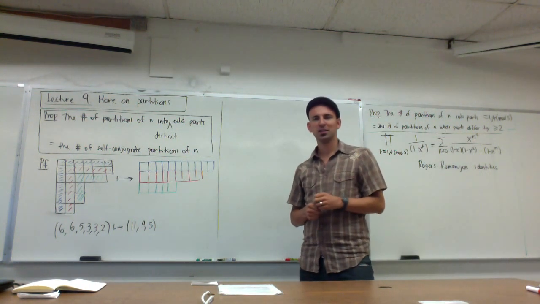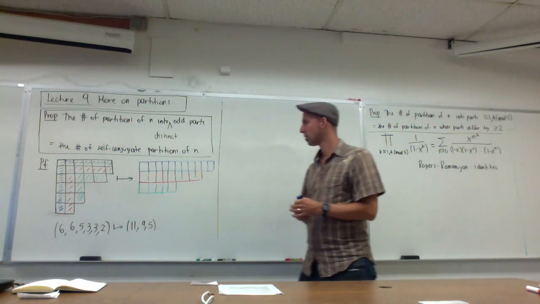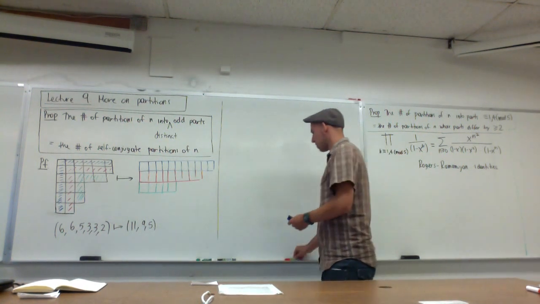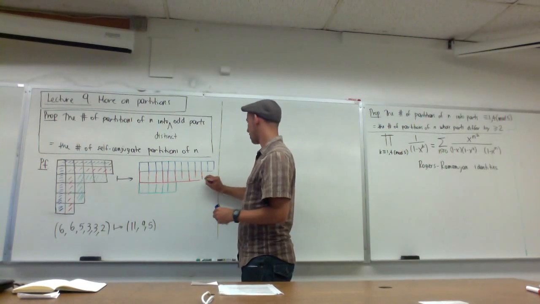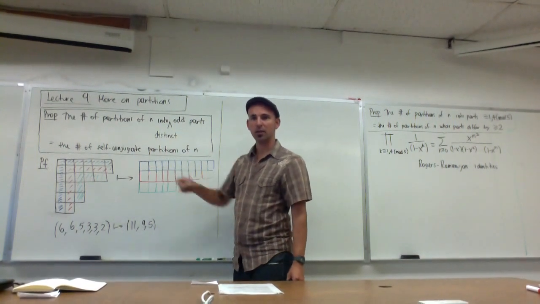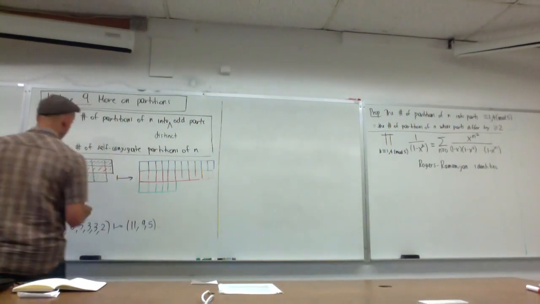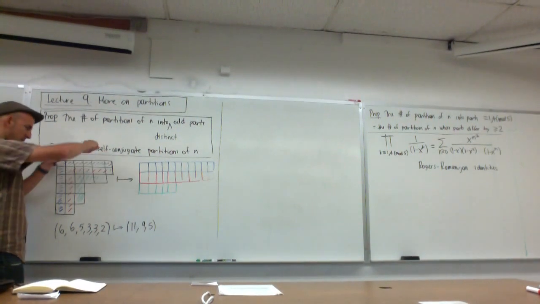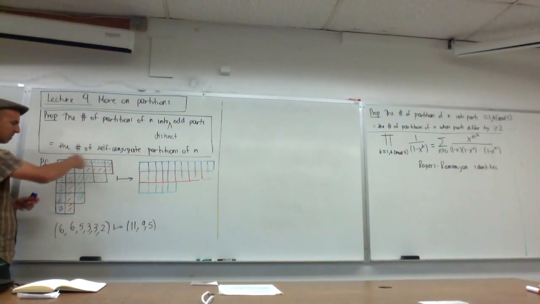Do you have a question? Sorry, why if you had two 11s it would not be a partition? So if I try to put two more boxes here and try to build an inverse to this map, then I would say, okay, well, first take the 11, bend it in half and put it here.